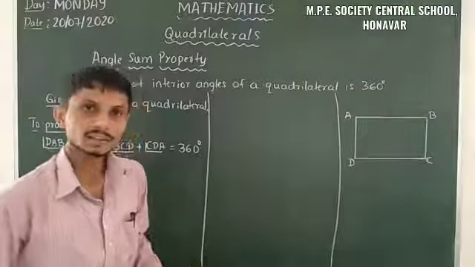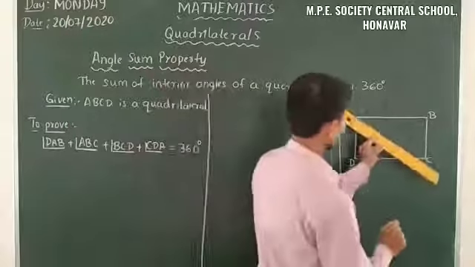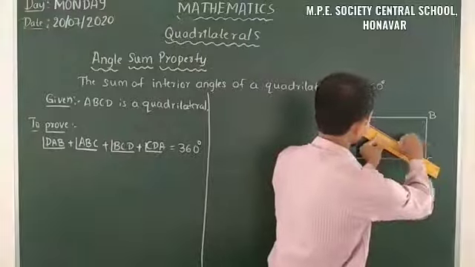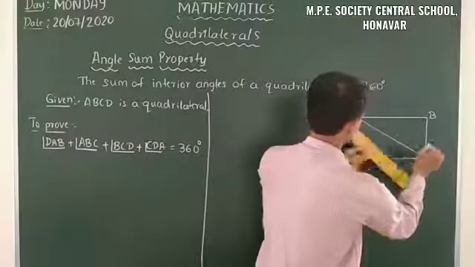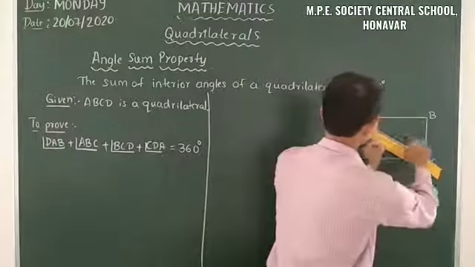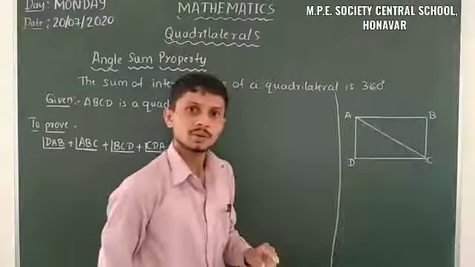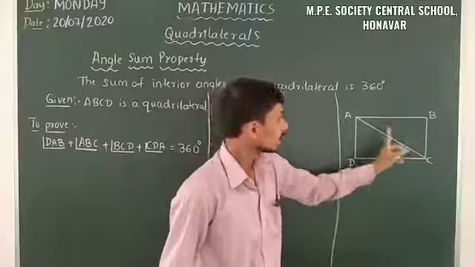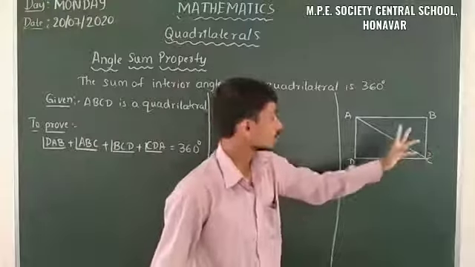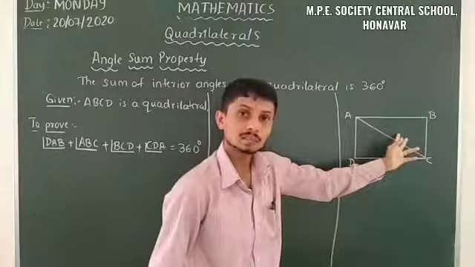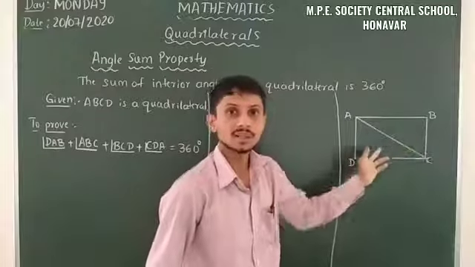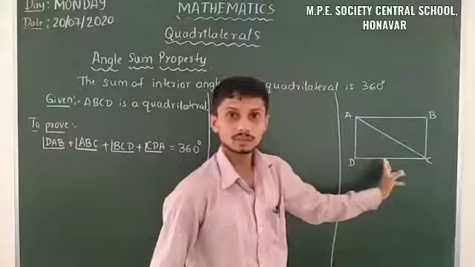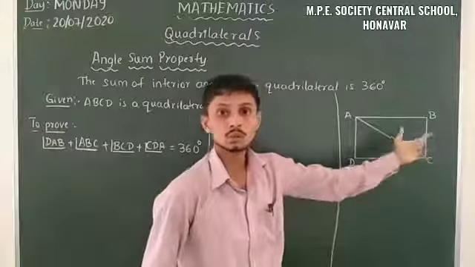I will draw the diagonal AC here. Why do we draw this diagonal? Because when we construct a diagonal, the whole quadrilateral splits into two triangles.